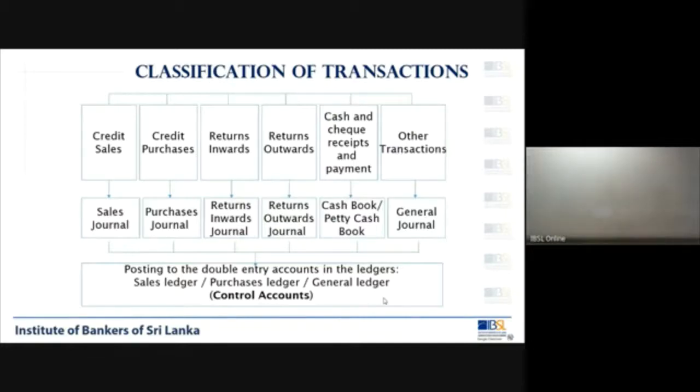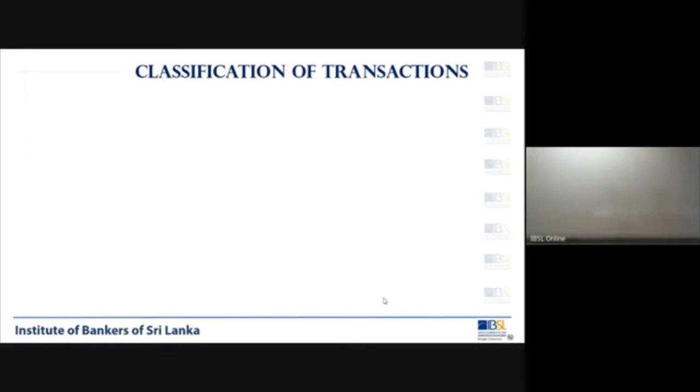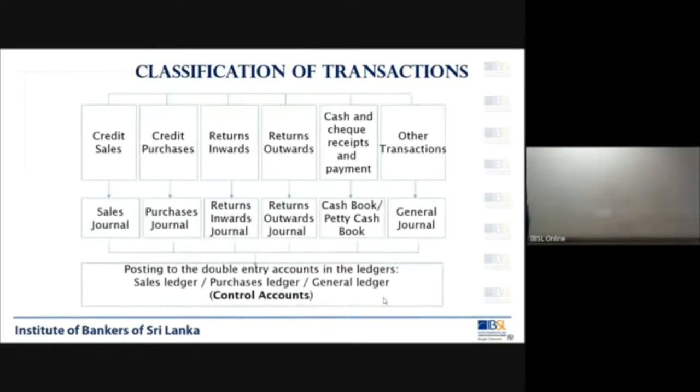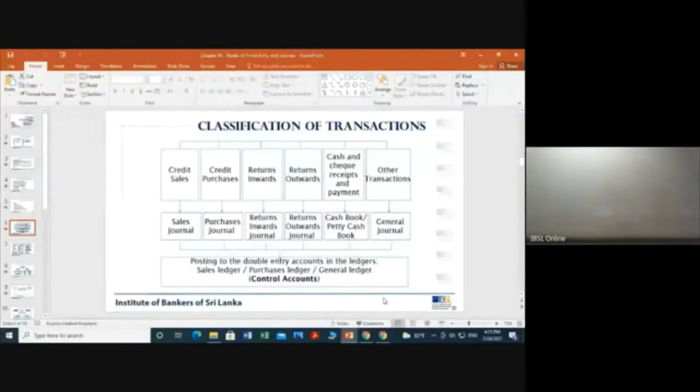Then we have cash and check payments, receipts and payments. There are payment modes where you can pay by cash or by using your checks. And apart from those, you can make any other payments or any other transactions you might have in your business. Right? So let us try to understand that first.